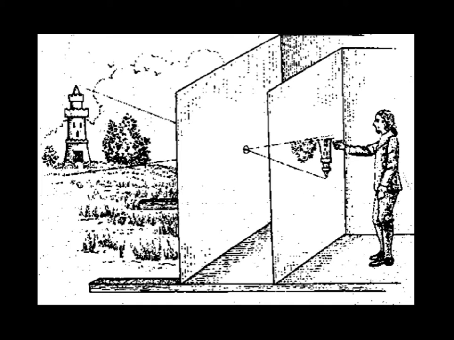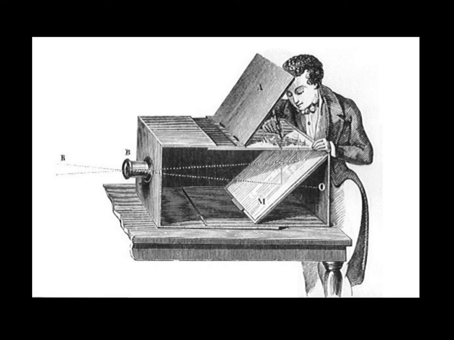It leads to the idea that one could trace whatever the light is drawing if one were inside a dark room. And it leads to this development, which is essentially what we call the camera obscura. Here we have the addition of a lens on the outside and a mirror on the inside.